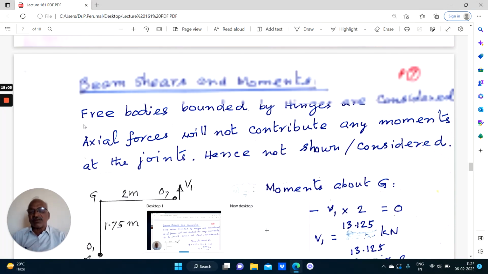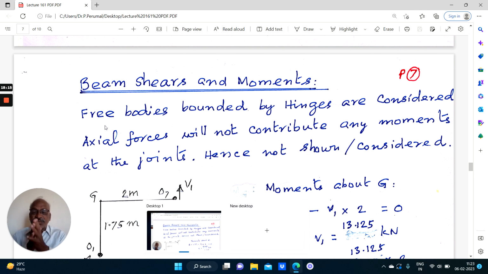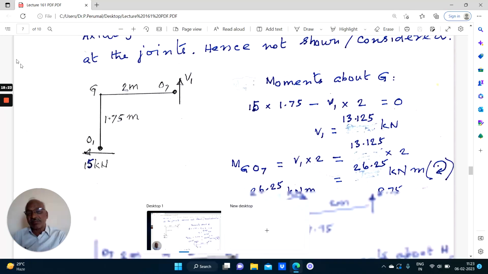Now, the free bodies bounded by hinges are considered, just now we have discussed. Then, axial forces will be there in all members, both in the columns as well as beams. Now, what we are going to do is, suppose we take this joint, we are going to find out the moment about the point G.